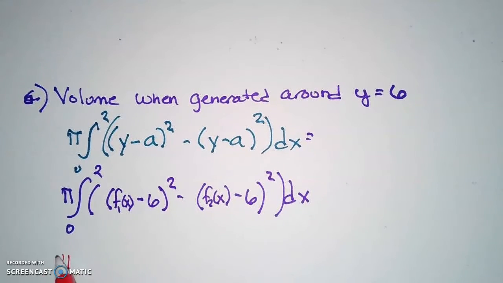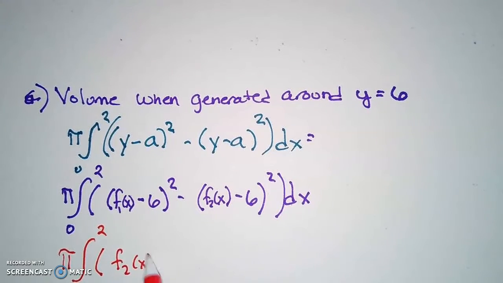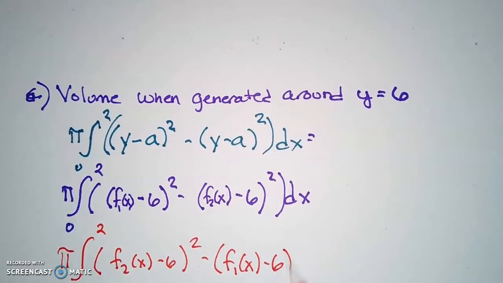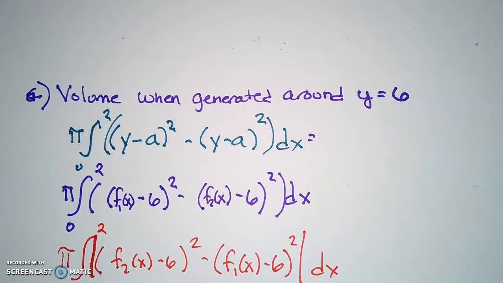I could have put them in the opposite order. It wouldn't make a difference: f2 of x minus 6 squared minus f1 of x minus 6 squared dx. And the absolute value signs go inside there or outside. It doesn't make a difference. It'll give you the same answer either way.